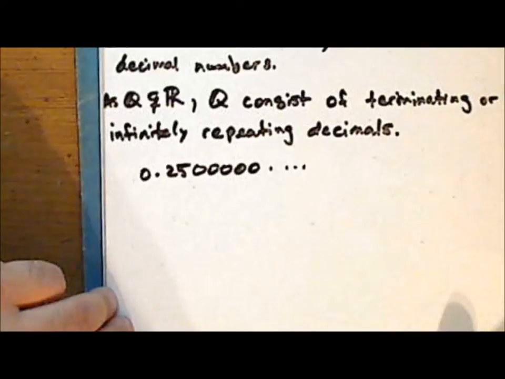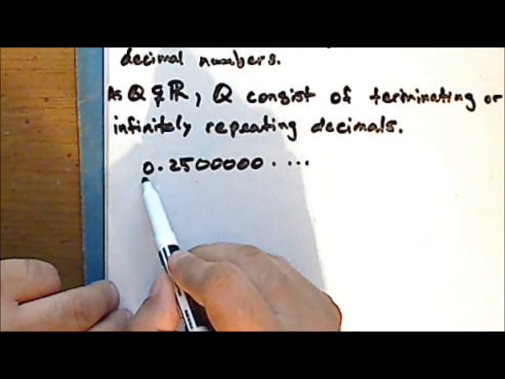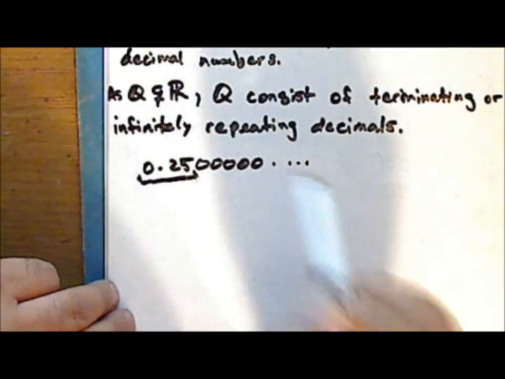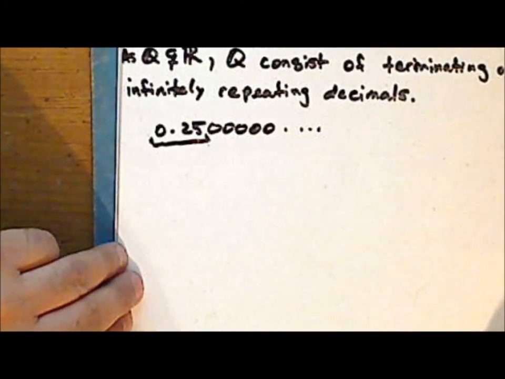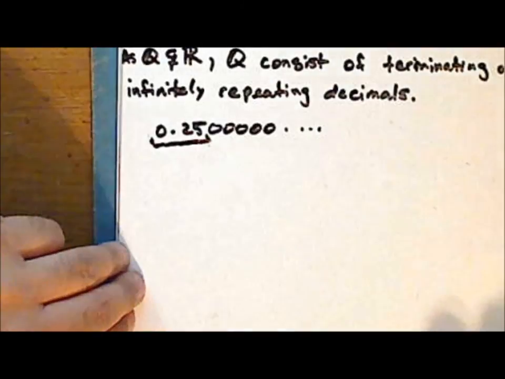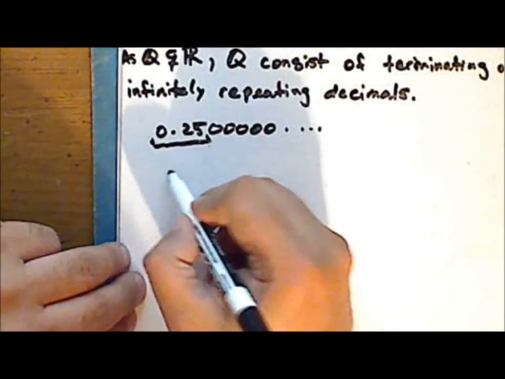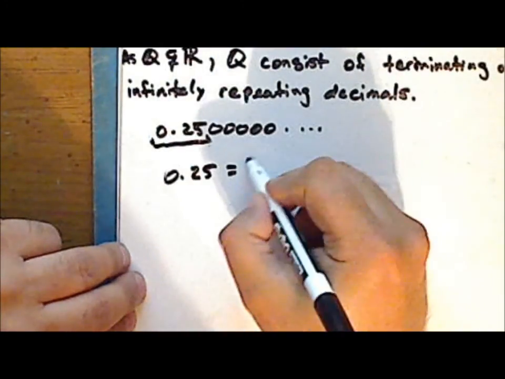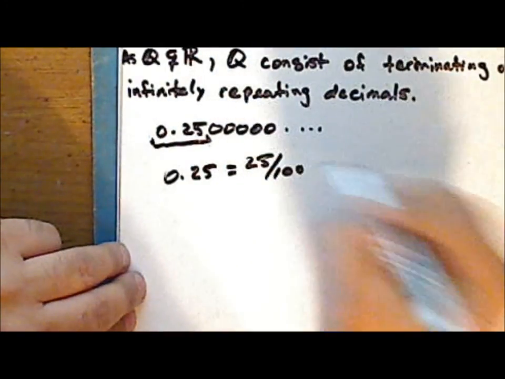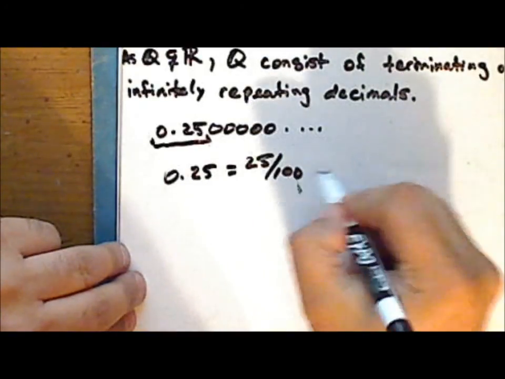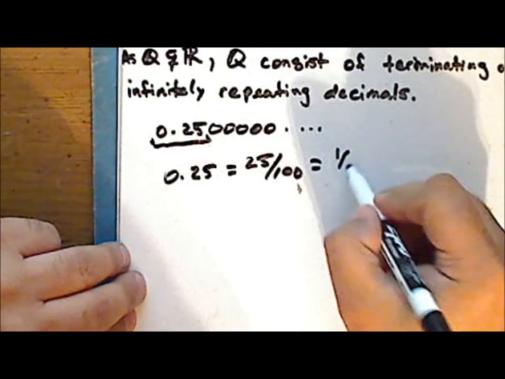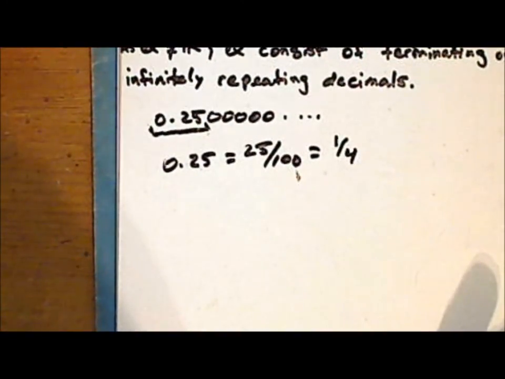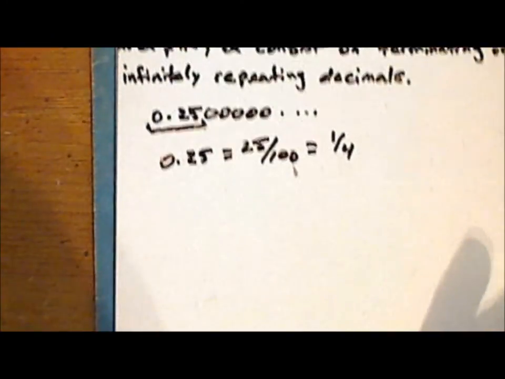And so the part that we're actually interested in are those digits that are not all zeros after a certain point. And so as we know, the number 0.25, if we read it off, is 25/100ths. So there's one ratio of integers, but we can simplify this to the ratio of 1 to 4, and so a terminating decimal is a rational number.